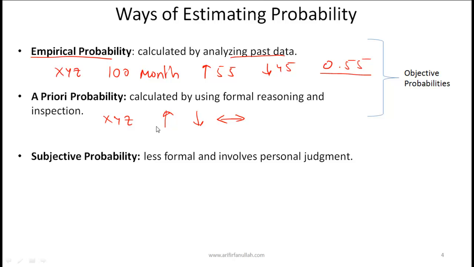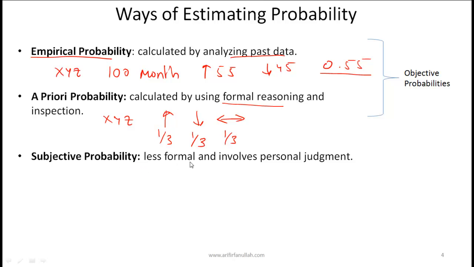And you say that there are 3 possible outcomes, and I am just going to assign a probability of 1/3 to each outcome. Here we have applied some formal reasoning. Now you might not necessarily agree with the reasoning, but nevertheless some reasoning was applied, and when we do that we call this an a priori probability.